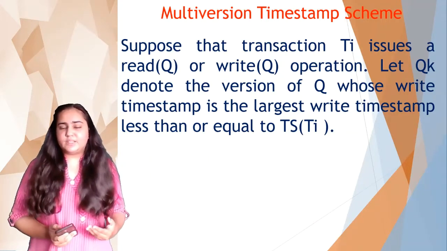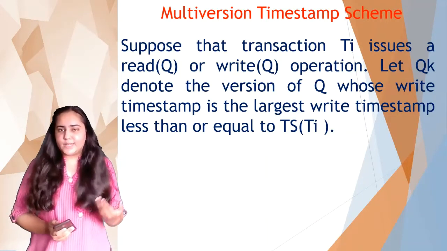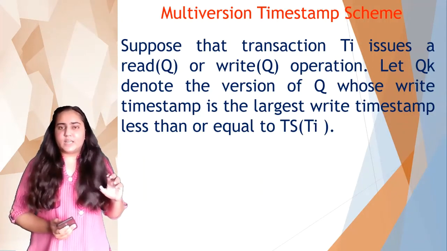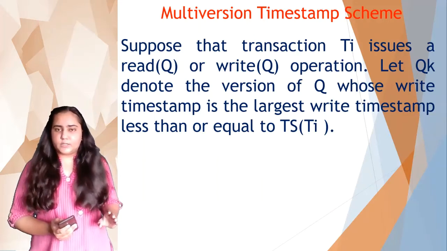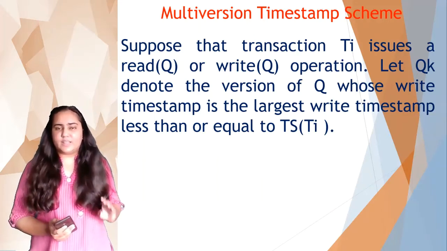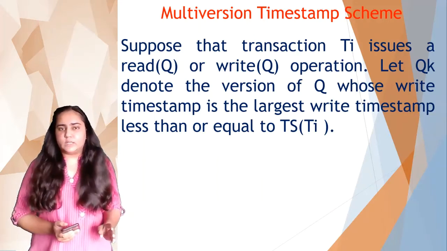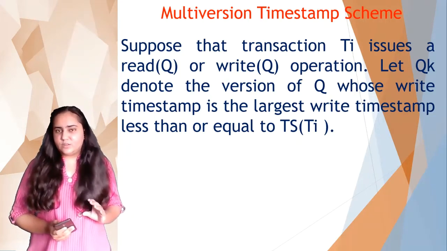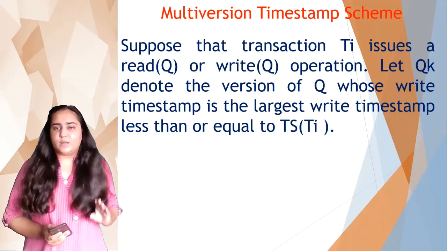So it shouldn't be a timestamp greater than Ti, but less than Ti, which means we are making sure that we are picking a version of Q that has been updated by a transaction that appeared just before Ti.